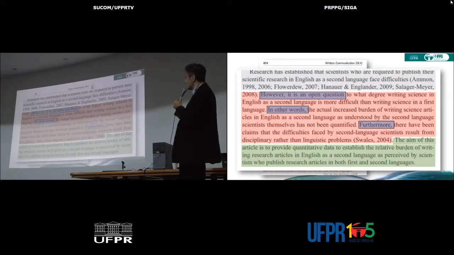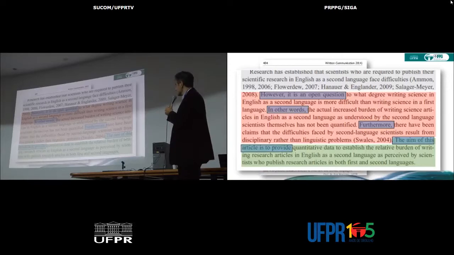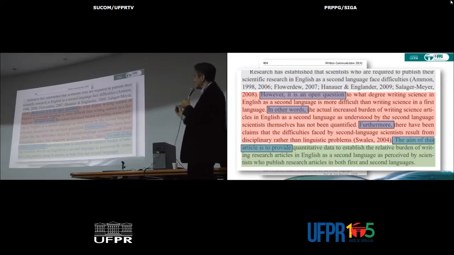So use your Control-C, Control-V, because you're noticing the words and phrases that authors use. Even here, the way they signal, okay, now I'm entering move 3. The aim of this article is to, or a response. The aim of this article is to blah, blah, blah.